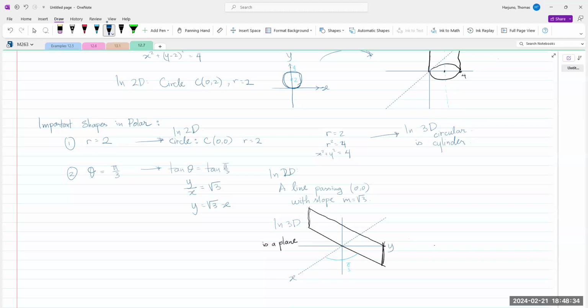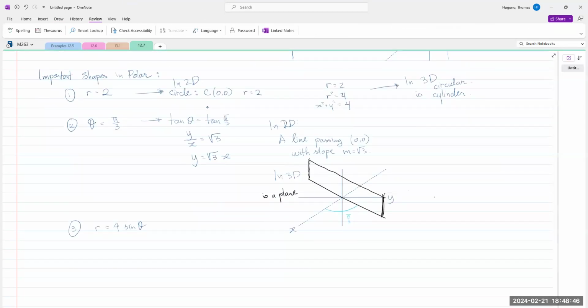Now, we have more than this though. For example, one thing we learned earlier about r equals 4 sine theta. This is actually in 2D a circle centered at (0, 2) with radius 2.